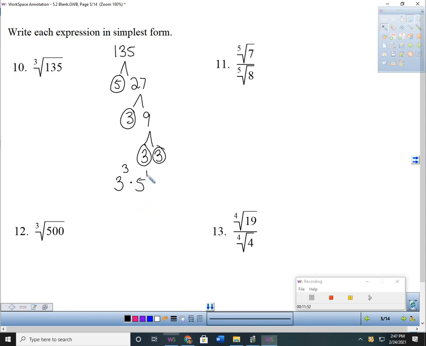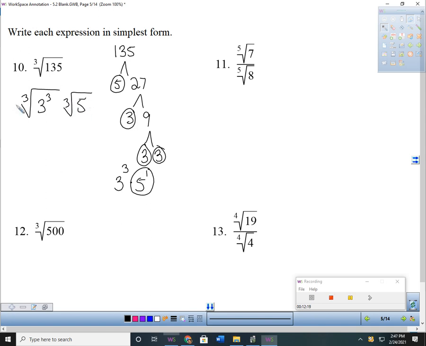Now, this is obviously a perfect cube root, right? And this right here, this power is less than 3, which means you can't split this any further, right? So this is the number that will be left under your root. So you have the cube root of 3 to the third times the cube root of 5.